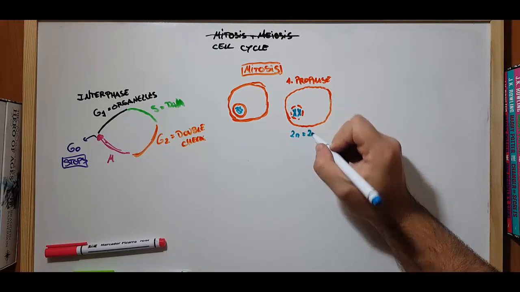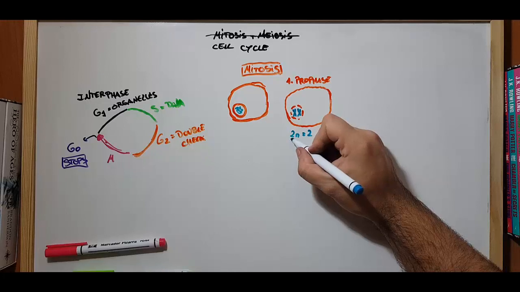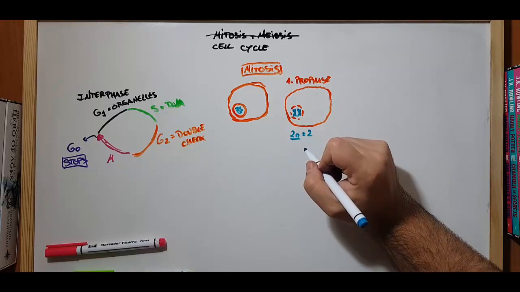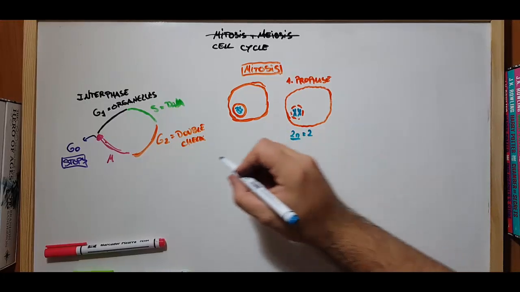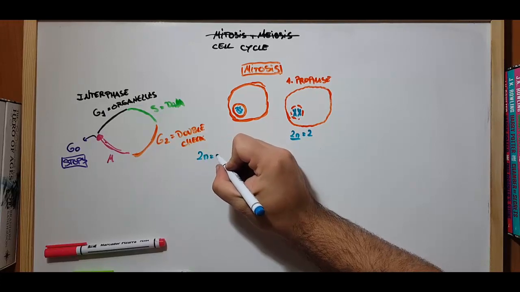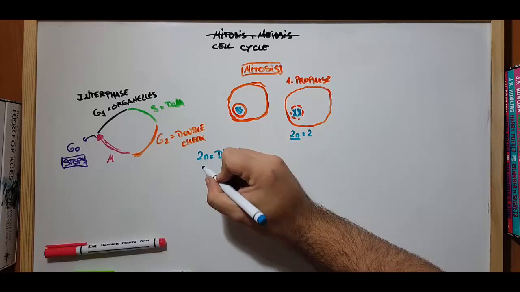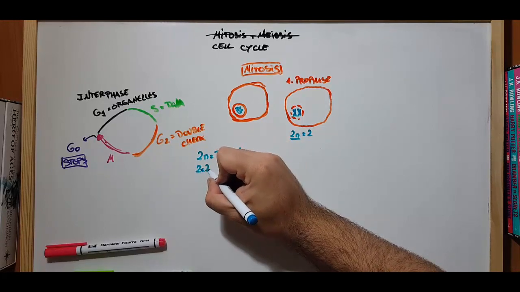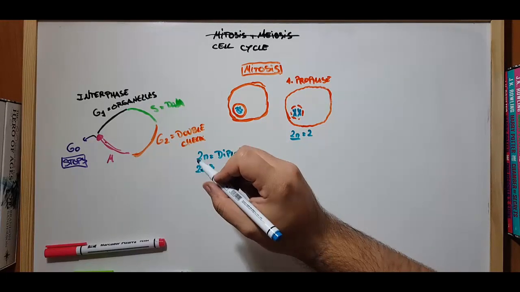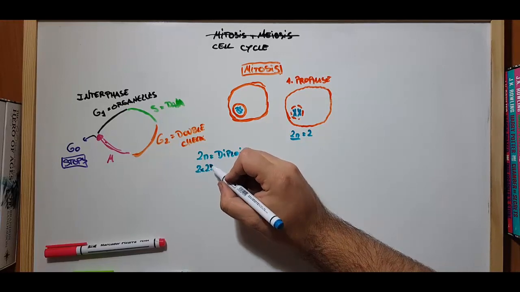In this case, 2n is equal to 2. 2n means that our cell is diploid, okay? That means that we have 2 times the normal amount of chromosomes, okay?